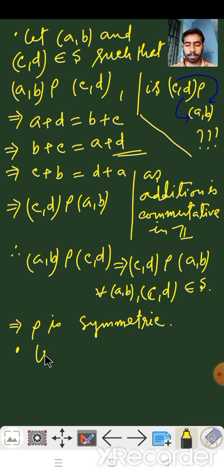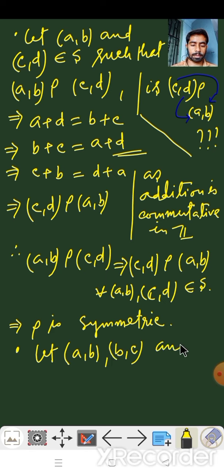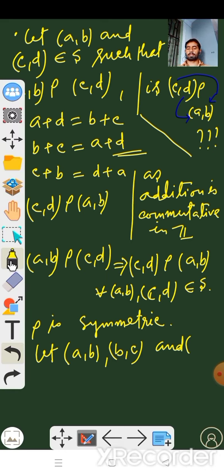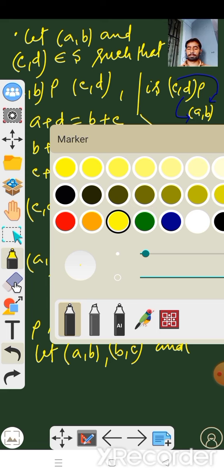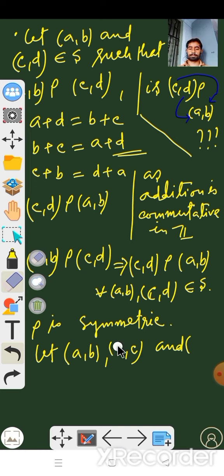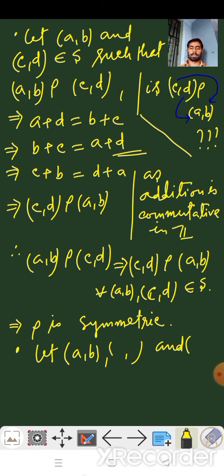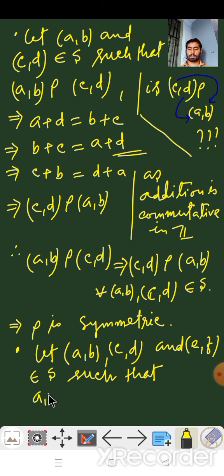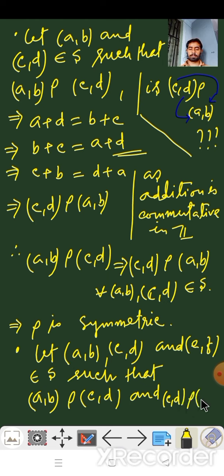To check the transitivity, let three ordered pairs in S, AB, CD and EF, belong to S such that the ordered pair AB is related to the ordered pair CD, and the ordered pair CD is related to the ordered pair EF.